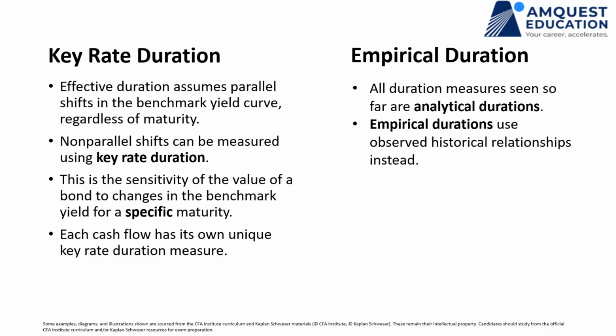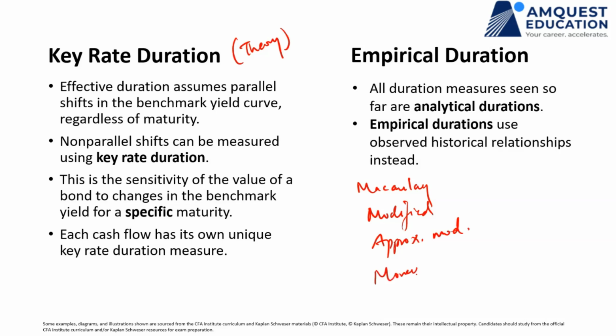Okay, perfect. Then we move towards key rate duration. Now, in level one, for key rate duration, there's only theory. So this is a concept which is only theoretical. Barring this, yesterday we talked about Macaulay, modified, approximate modified, then money duration, and PVBP.